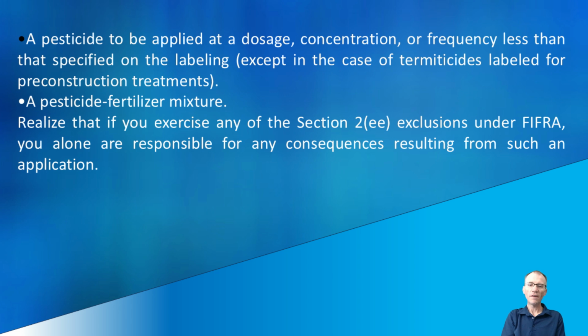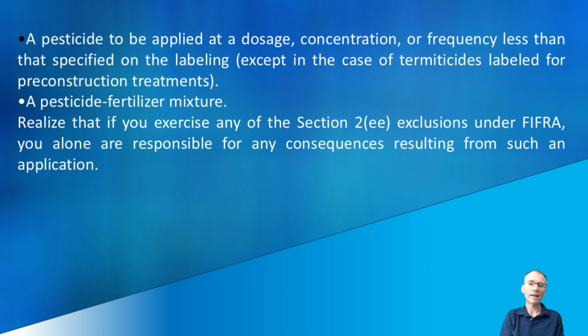So again, with FIFRA Section 2 EE, we can apply a pesticide at a dosage, concentration, or frequency less than that specified on the labeling, but keep in mind, you cannot do this when you're using termiticides labeled for pre-construction treatments. That's an important thing to note. It would never make any sense to put a termiticide out at a less than labeled rate when doing a pre-construction treatment.